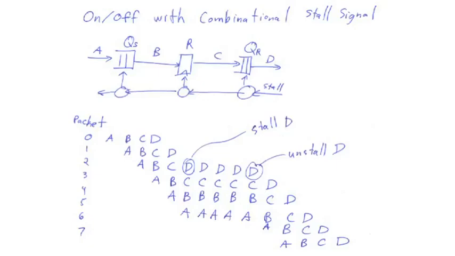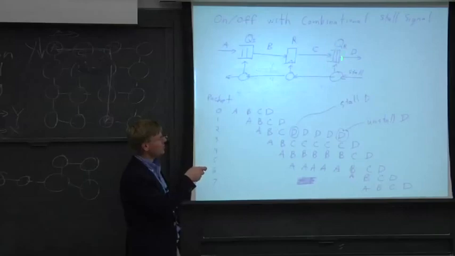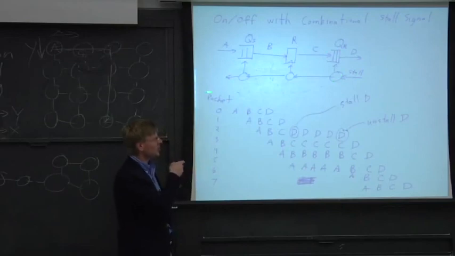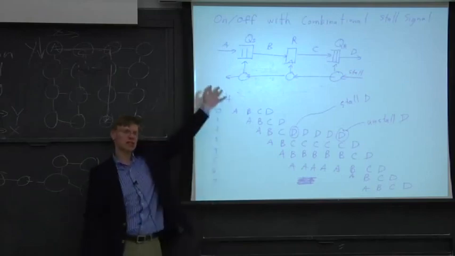Now, the problem with this is it took us a cycle to send data this way, because we had a flip-flop going that way, but our stall wire runs all the way back. Well, that's not good from a cycle time perspective. If you look at the combinational path, the output of this says there's data available, that goes through some logic in D, and that generates a stall signal, which then has to propagate physically a long distance and go into lots of other logic.